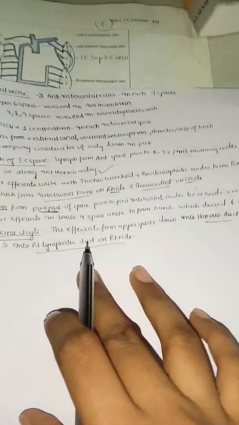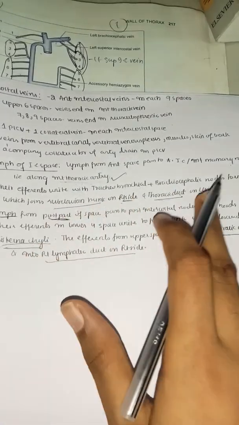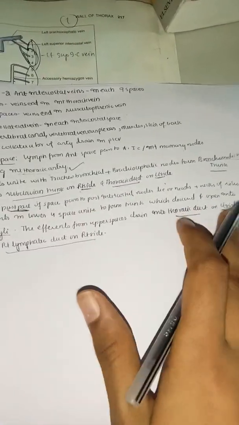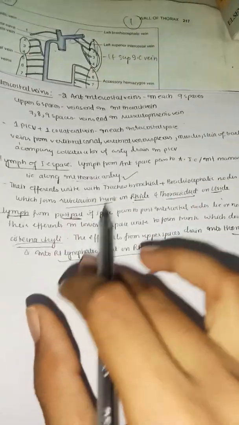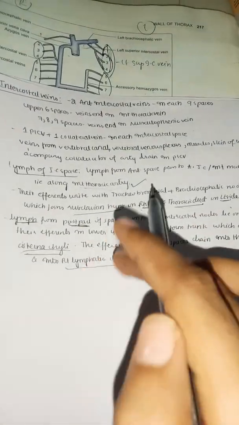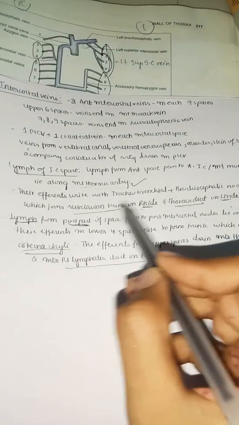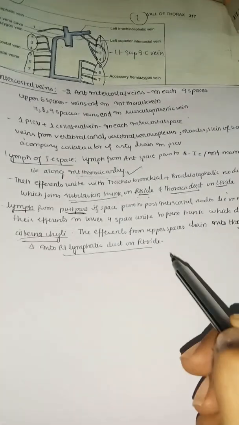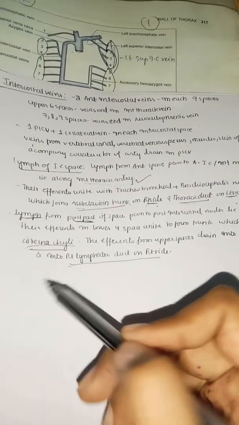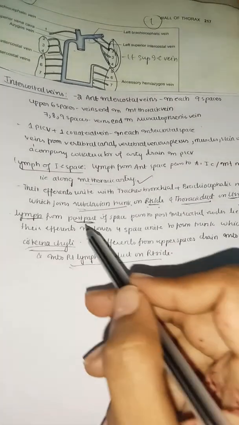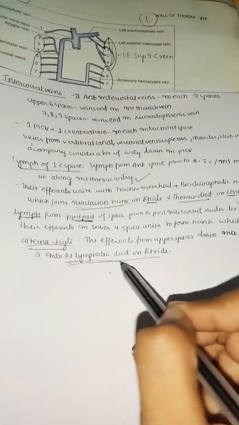So here the only difference is the anterior one will drain to the left side thoracic duct, even the posterior one to the left side thoracic duct, but the right side differs in the anterior and posterior lymph drainage. On the anterior side the lymph drainage on the right side is the subclavian trunk, whereas on the posterior part the right side is the right lymphatic duct.